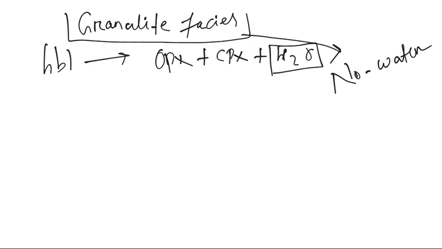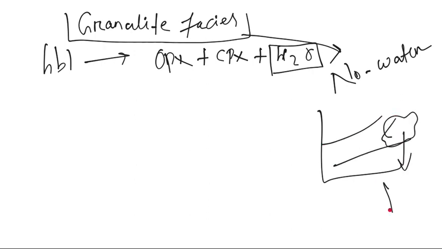Can anyone tell? We are getting water from the decomposition of hornblende, but the granulite facies is an anhydrous facies. Why? Because the granulite facies is at the end of this series. Here the temperature is very high.